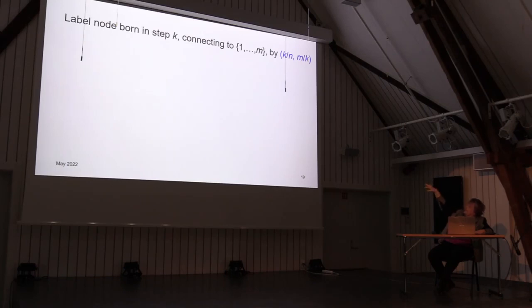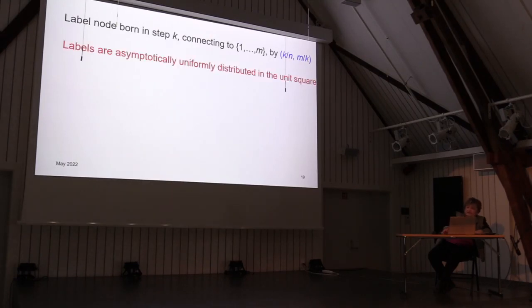Label the node born in step k, connecting them to 1 through m, and they are drawn like k per n, m per k in the unit square, and these points are uniformly distributed in the unit square.